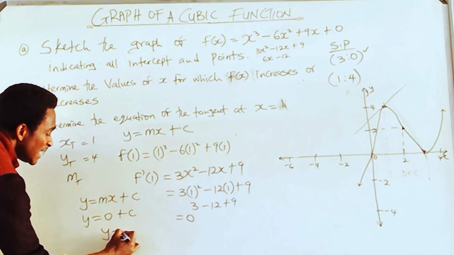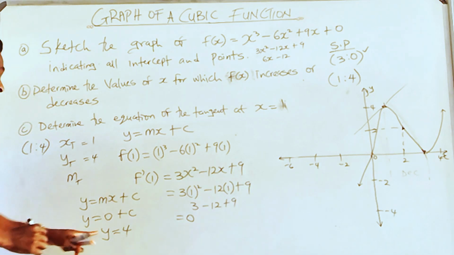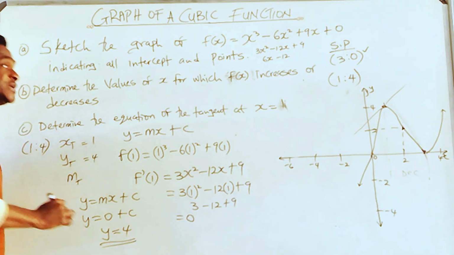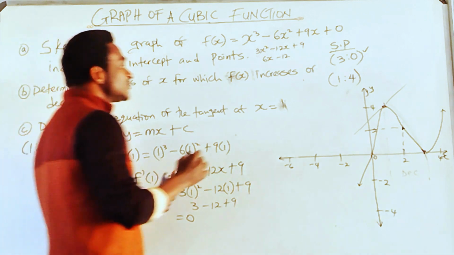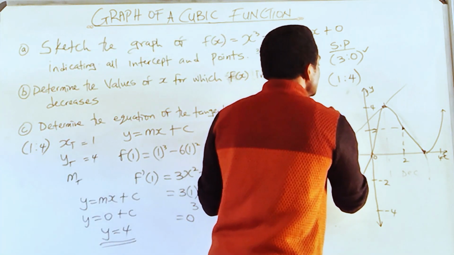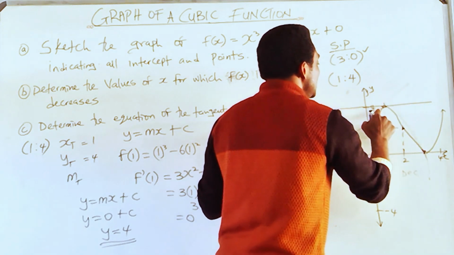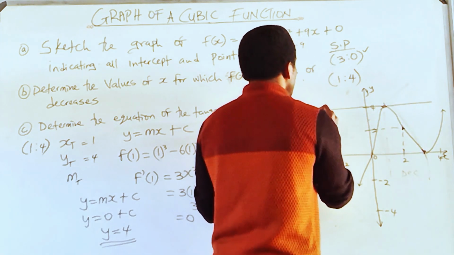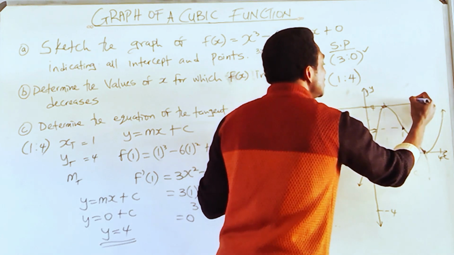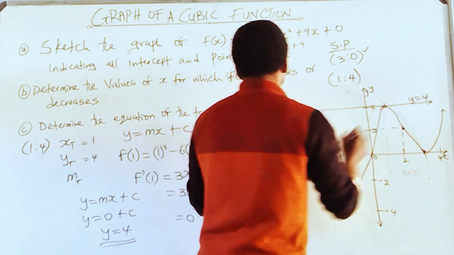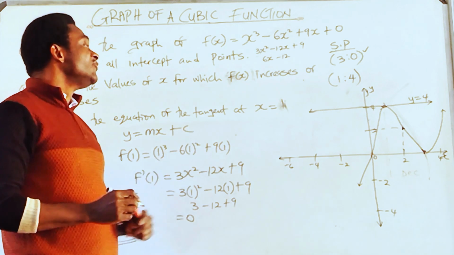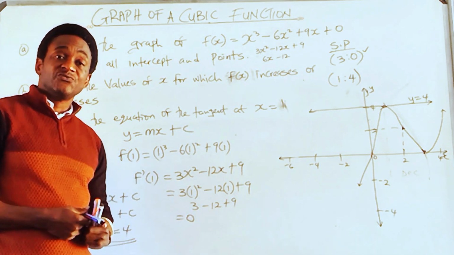So finally, y equals 4. That is what the equation of the tangent is going to be. So to sketch that graph, we have a horizontal line, and that is the tangent equation for this. So the tangent equation at x equals 1 gives us y equals 4.